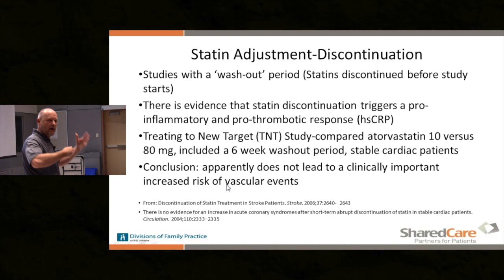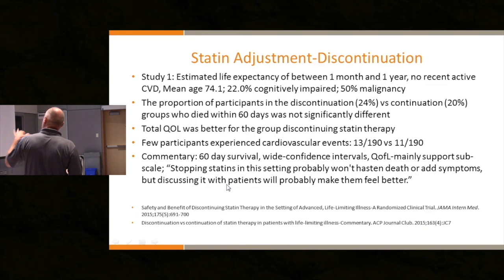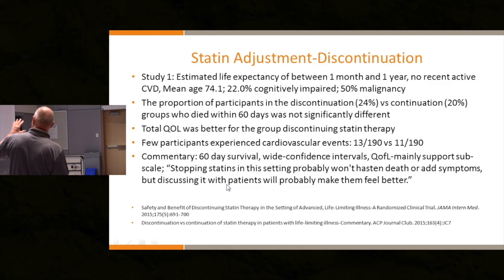So this is kind of a way of getting at it through the back door, because they stopped the statin for 6 weeks and they didn't get an increase in vascular events. So that's one piece of evidence. And this was an actual discontinuation study. These were people with life expectancy between 1 month and 1 year and no recent cardiovascular events, but there's 50% malignancy, so not exactly our population, but it's the only study we have.